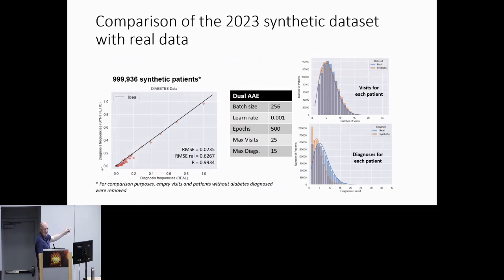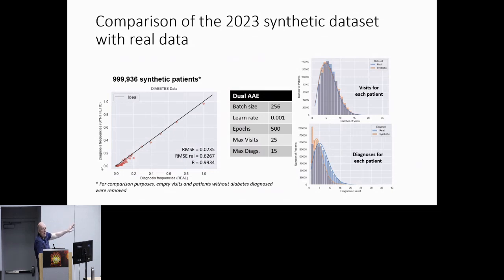In terms of number of diagnoses per patient, it is more or less correlated. We found what we expected from the real data. If you see, there is a small bias here.